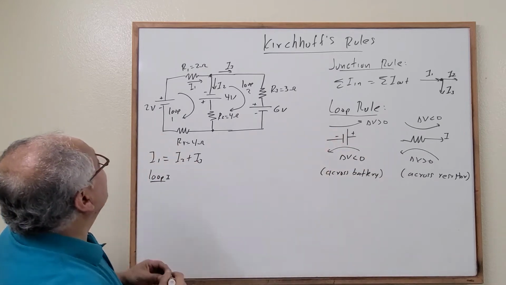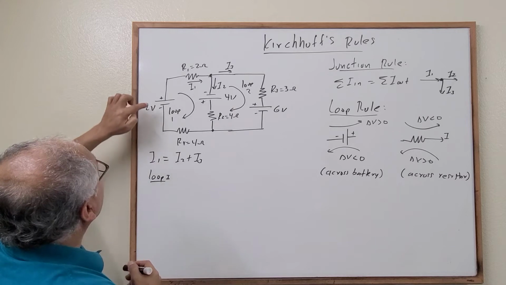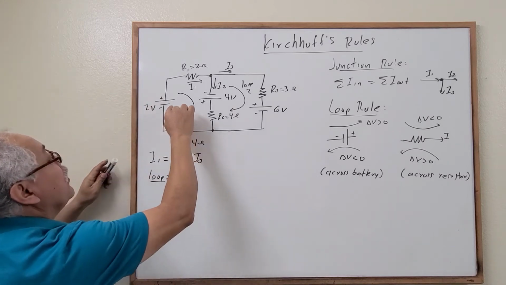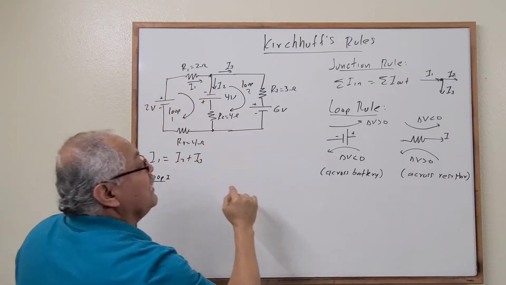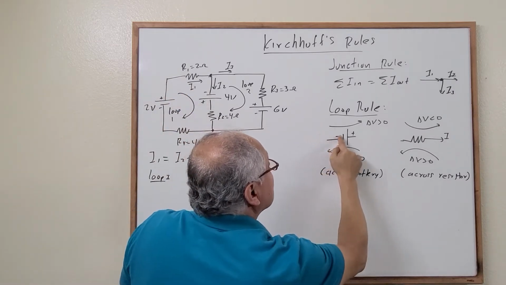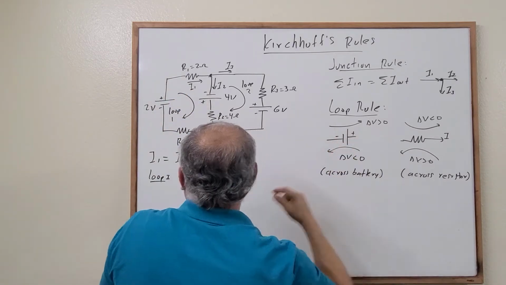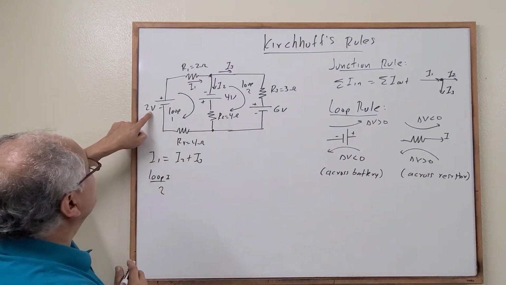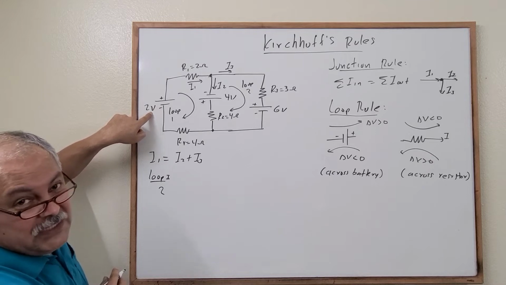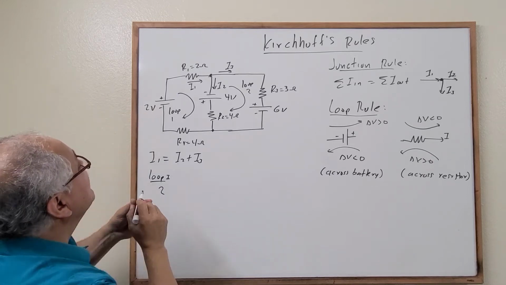For example, imagine that I'm starting on this value. So I'm going from negative to positive. How is the voltage drop? Positive, right? So what do we have? This is 2 volts. We don't use the unit, just the quantity. Okay, perfect. And then let's go.